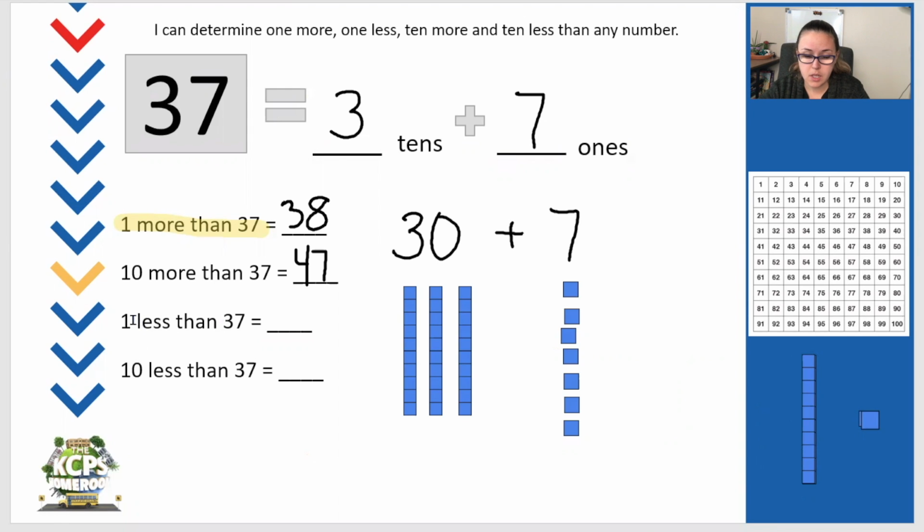When we talk about a number being less than, we're typically subtracting. So when we talk about 1 less, we're going to take 1 away from 37. That means down here with the unit squares, I'm going to take 1, I'm just going to put it off to the side, that way I know I've taken it away.